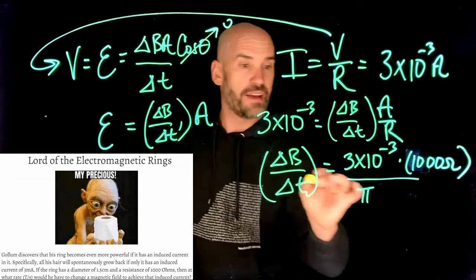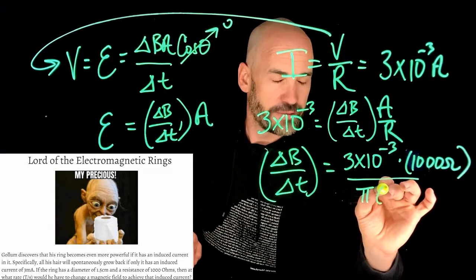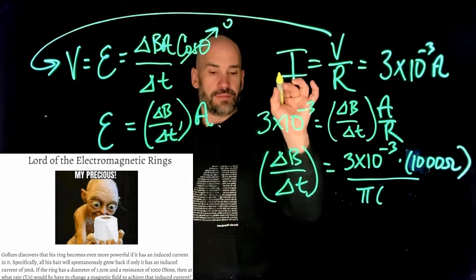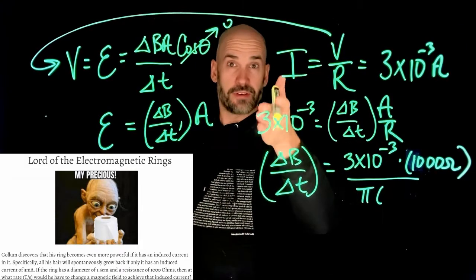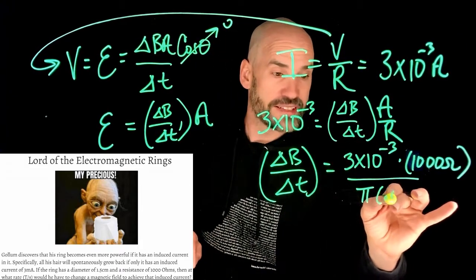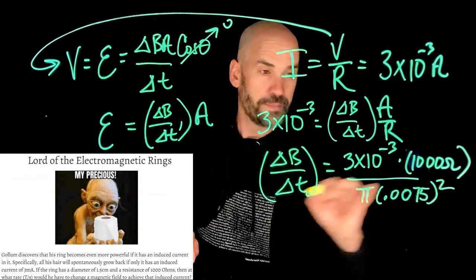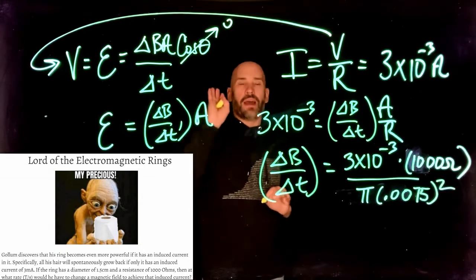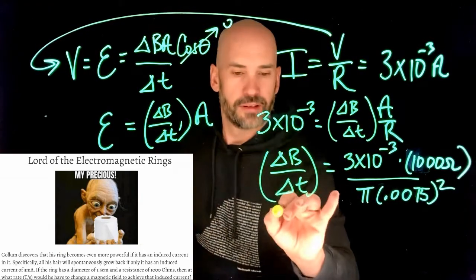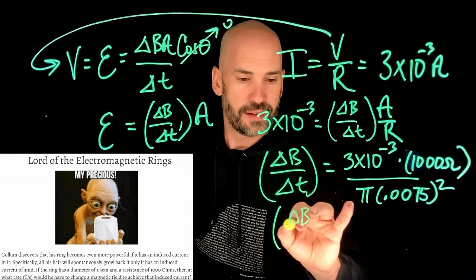So 0.75 centimeters is the radius. So that's 0.0075 squared.